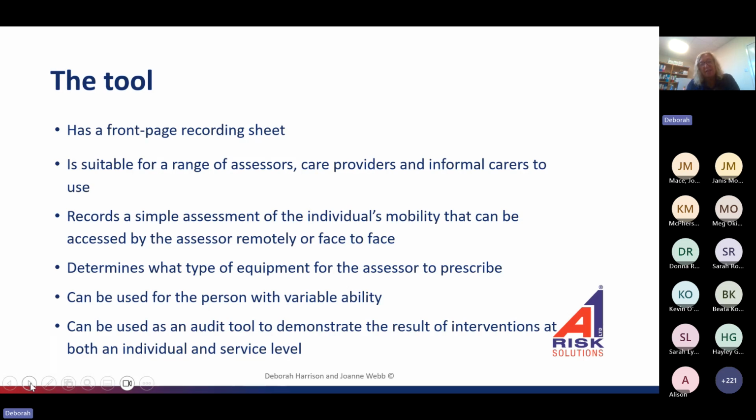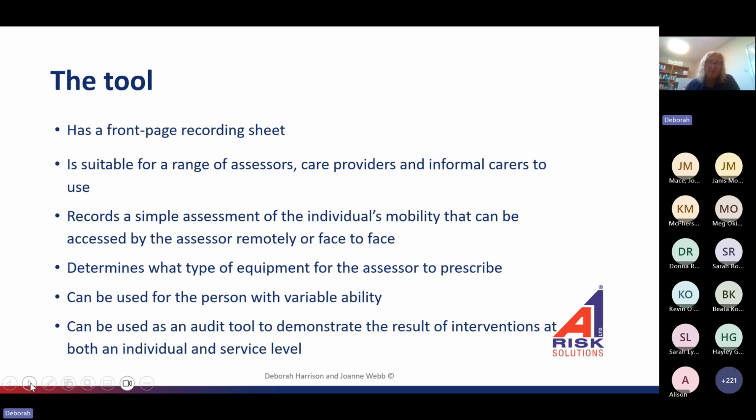It is a tool that's available and suitable for a range of users, including assessors, care providers, and informal carers. What we found with Dudley Council, especially over COVID with Sefton Council, was it was used predominantly to do hospital discharges, to do lots and lots of assessments virtually.